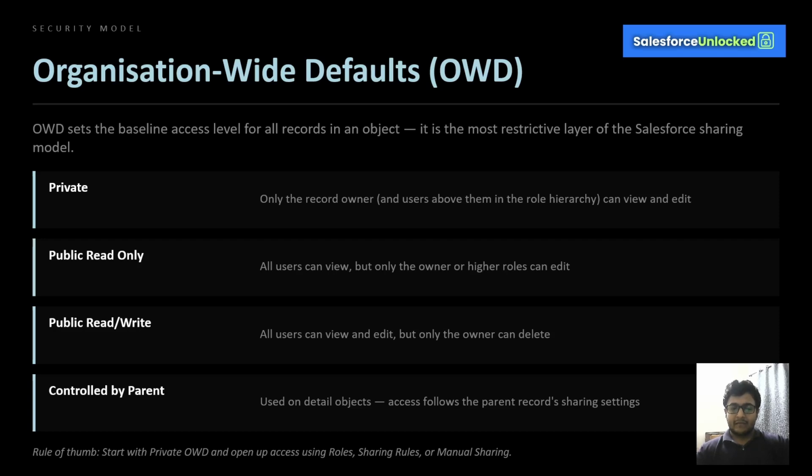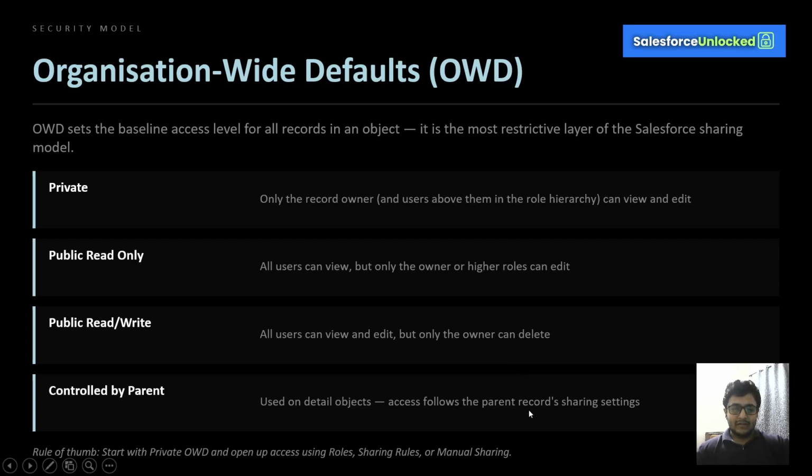So when you specify any object with controlled by parent OWD, whatever access its master record has, let's say its master can edit and view any record, then the same access will be shared by the child record on which this setting is applied.